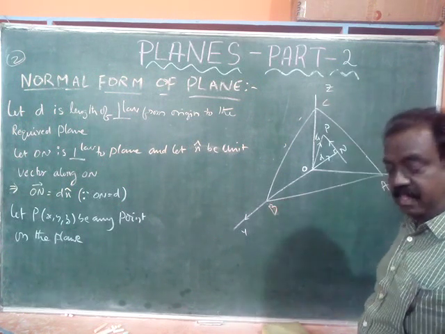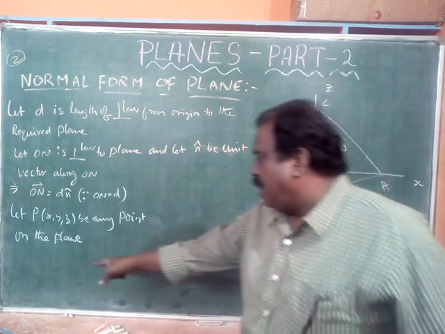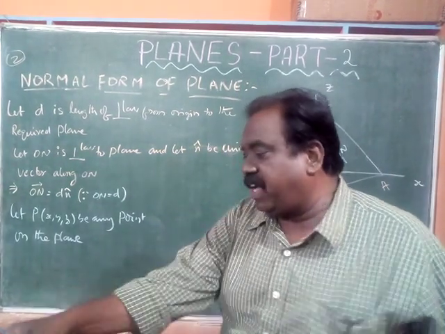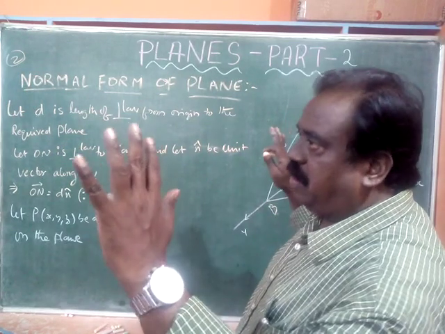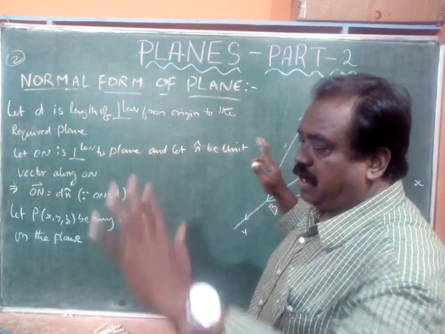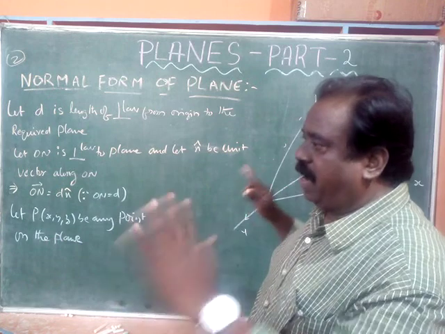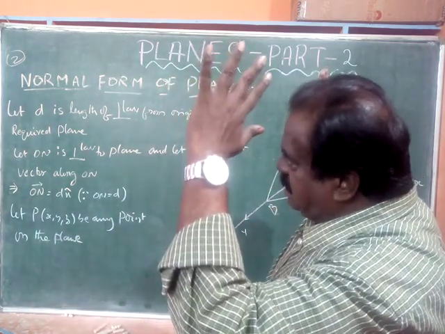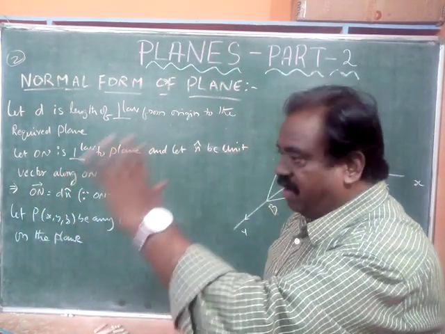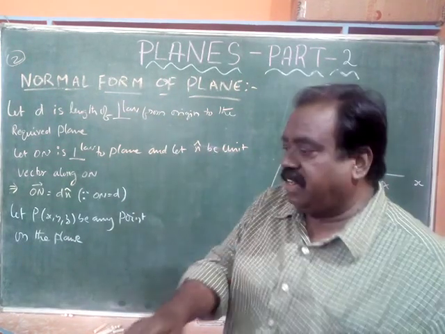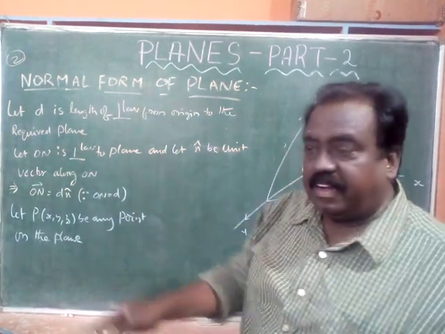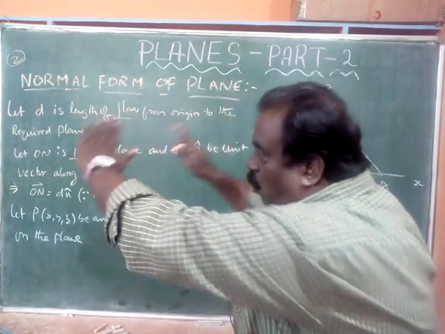You see that origin, x-axis, y-axis, z-axis are there. Suppose you take a big pad that touches the x-axis at A, y-axis at B and z-axis at C. That is in the shape of a triangle. It is in slant form.